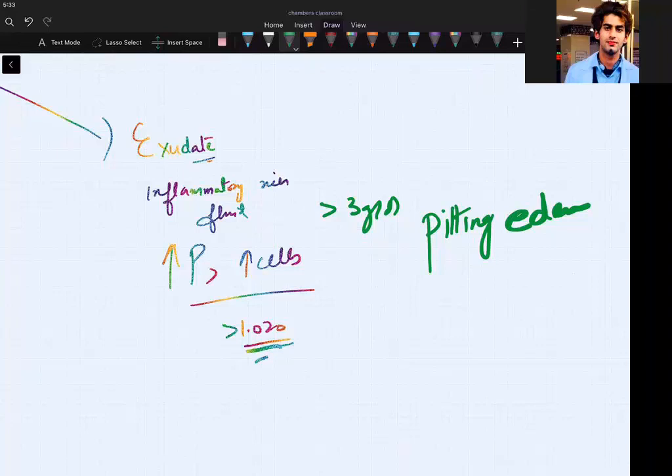So will this be a pitting edema? No, there is no pitting edema in this, because you have more viscosity, more protein, more neutrophils. No pitting edema seen in exudate.